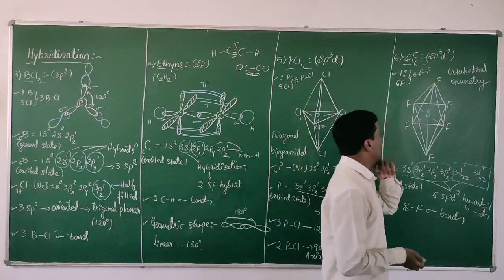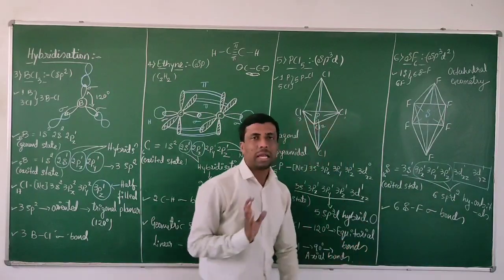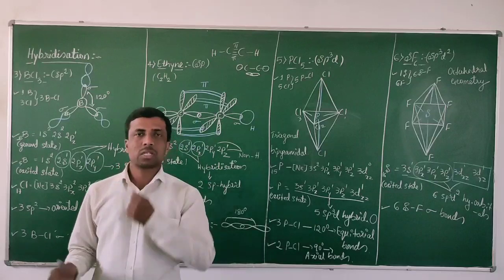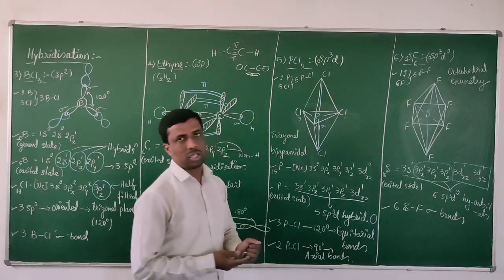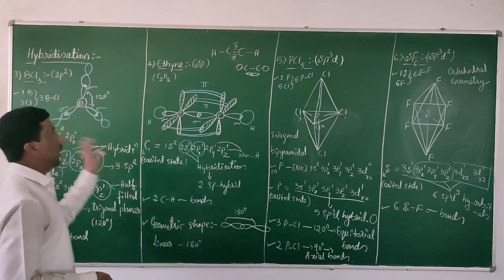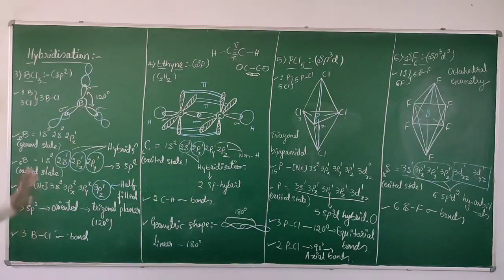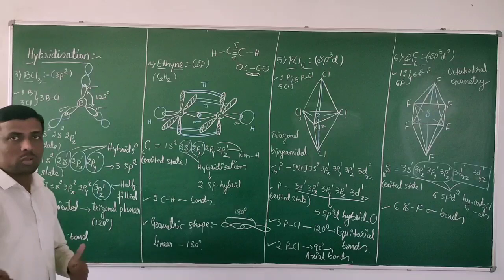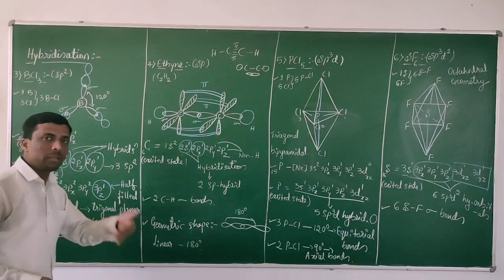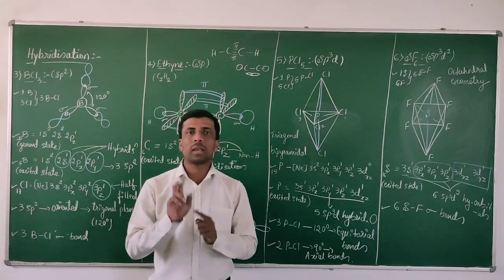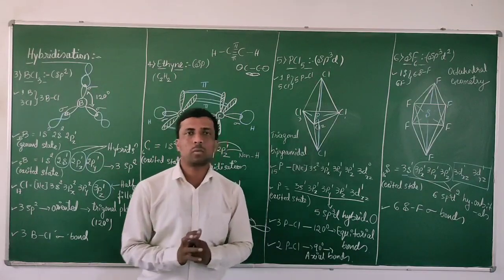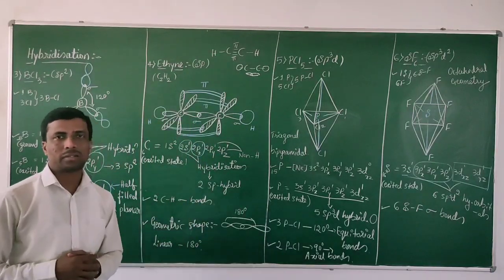Repulsion is there, but the molecule still exists. This is about the hybridization of these 6 molecules. Four molecules I have explained in this class, and in the previous class I explained 2 molecules, methane and ethane. This is about hybridization. Thank you.